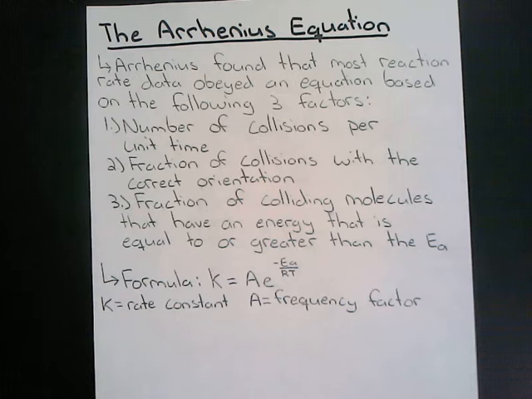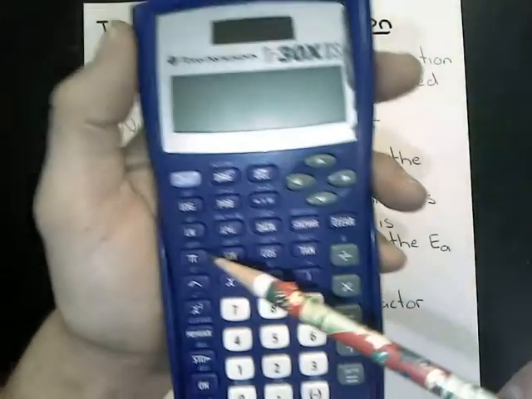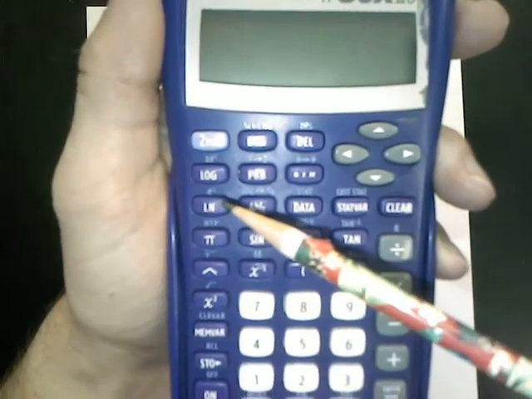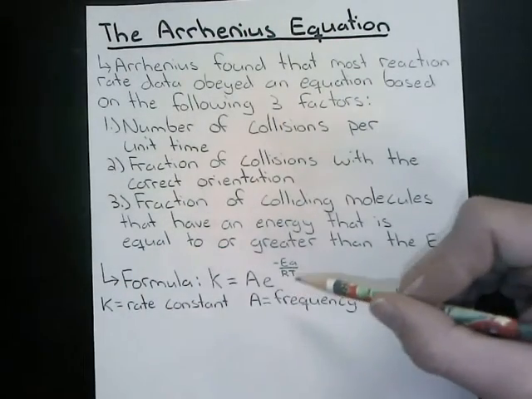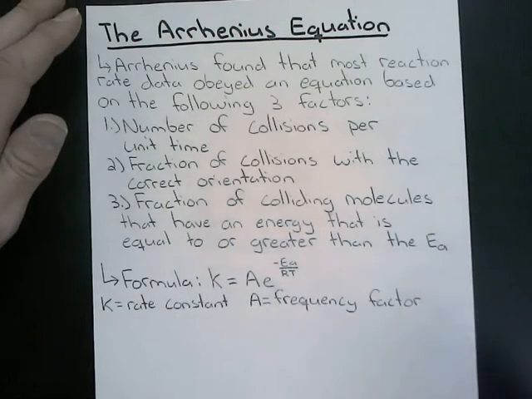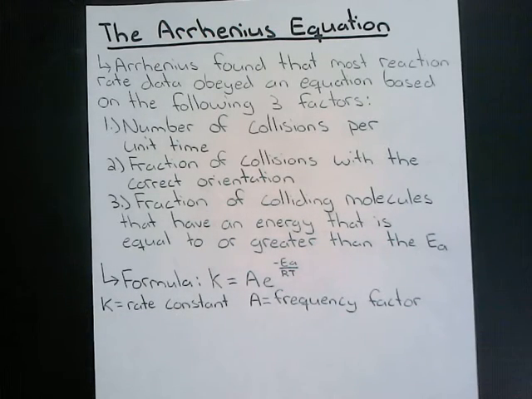Now, this e value is very, very important. It is the inverse natural log. Everyone see that on the calculator? You have the e to the power button. That is what that is saying. So don't confuse that with a term. But our Ea, we've seen this before, is our activation energy.